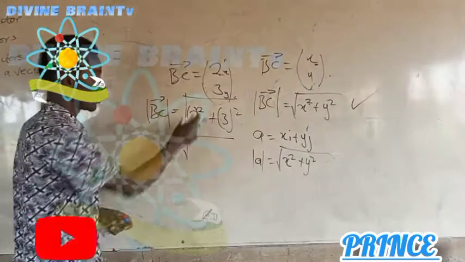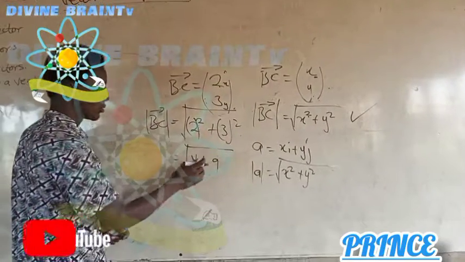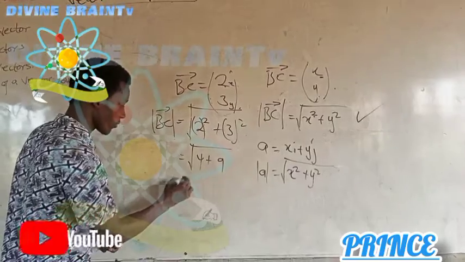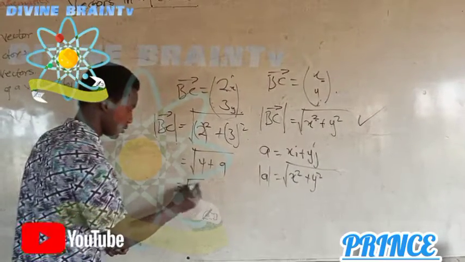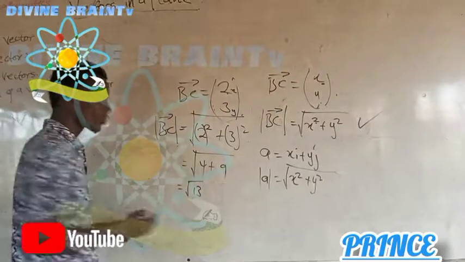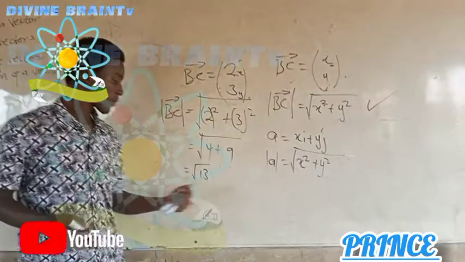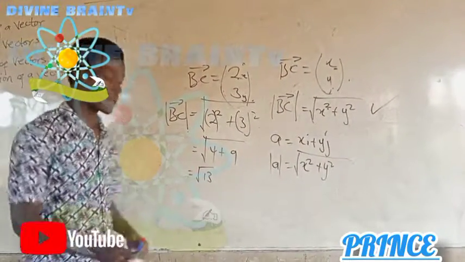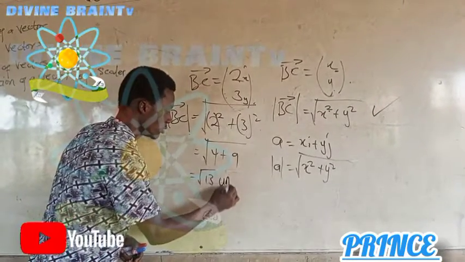Then we solve this. This gives us 4, this gives us 9, and then we add. We get 13. You can decide to change this to a decimal, or you can leave it like this. So this becomes root 13 units.